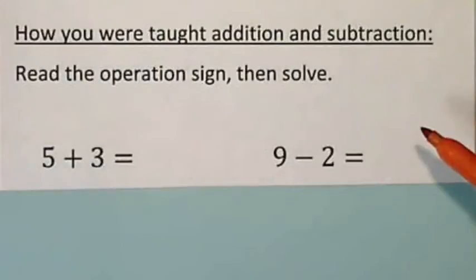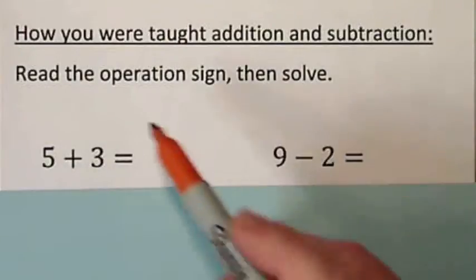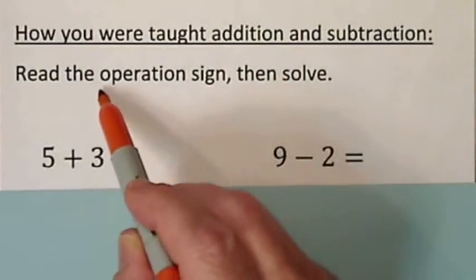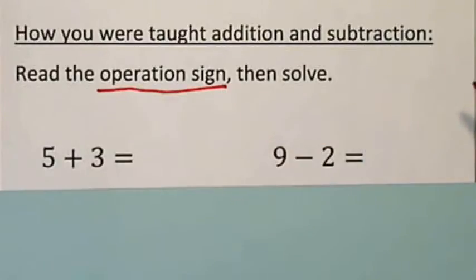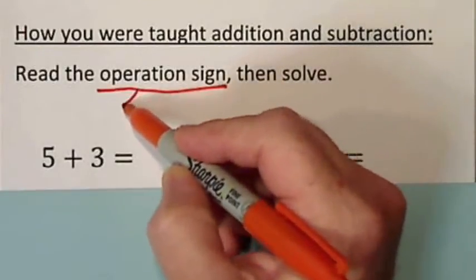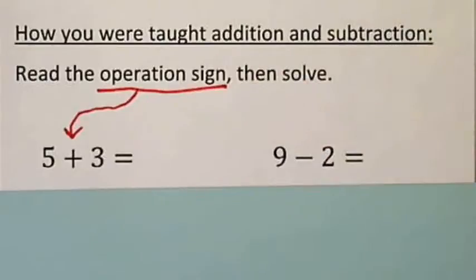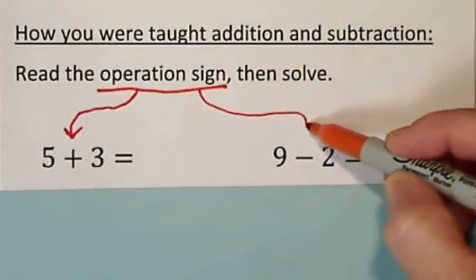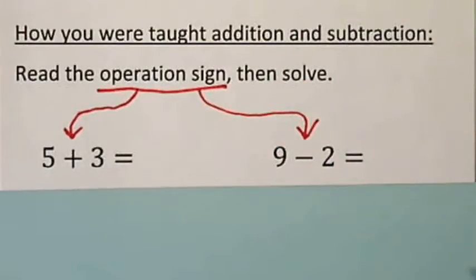Let me explain. When you were first introduced to addition and subtraction, they taught you to read the operation sign and then solve it. So the operation sign was placed right between the numbers, and year after year they gave you problems that you could solve by only looking there.